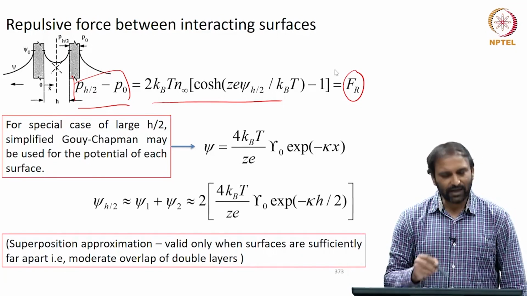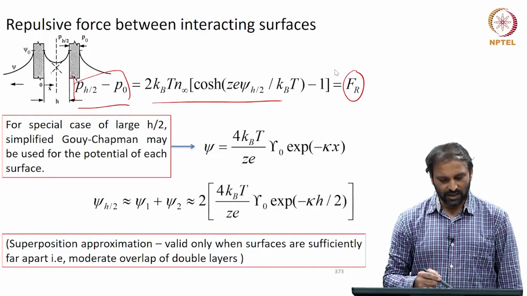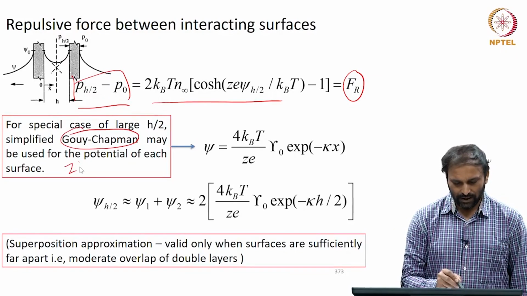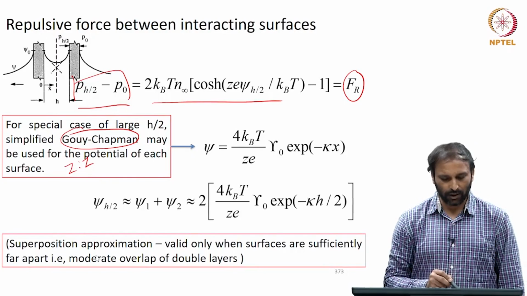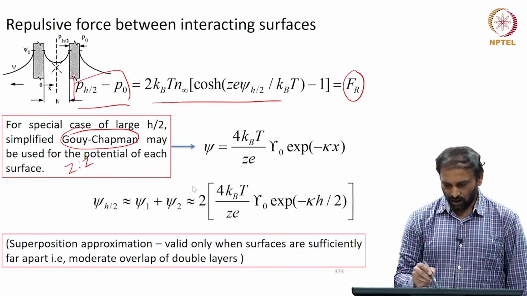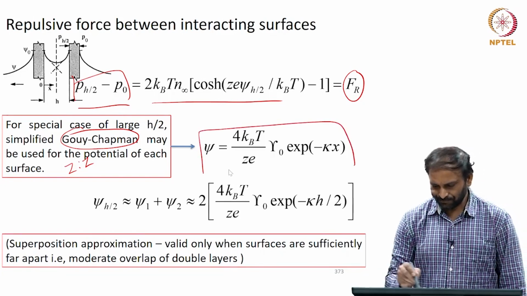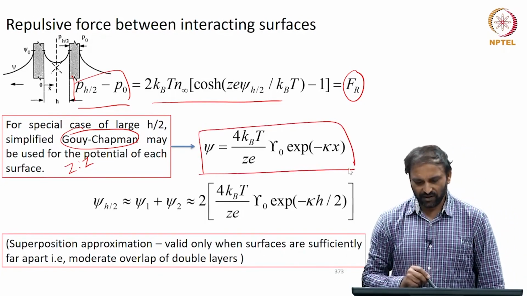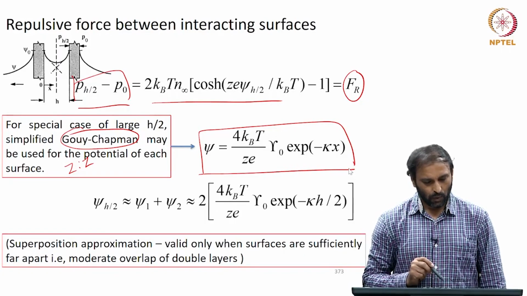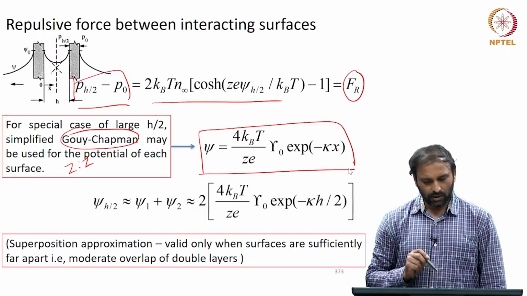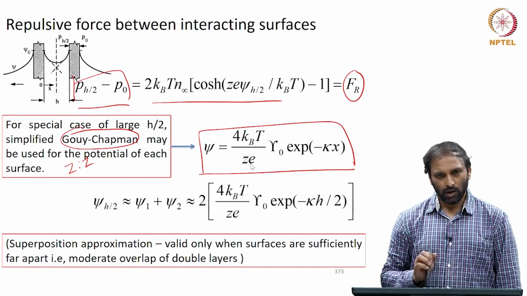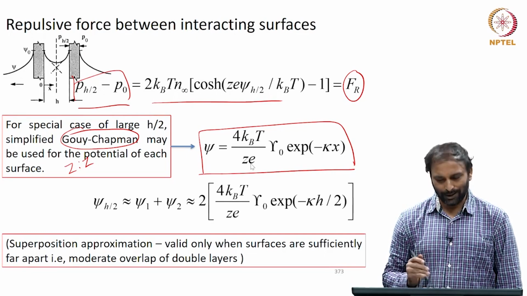Now, we did think about some special case of the Gouy-Chapman expression, which is applicable for Z is to Z type of electrolyte for any surface potential. Now if you look at this expression, we derived this for a case where the potential has fallen to a low value.